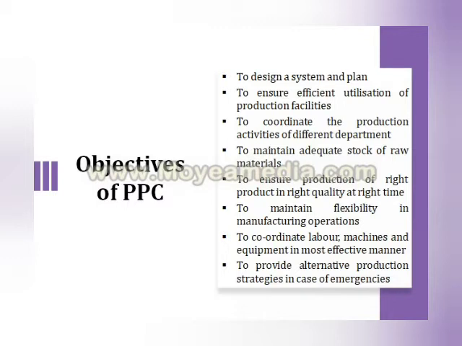It can also provide alternative production strategies in case of emergencies. So we have to predict what emergencies may come in future. You can coordinate your labor, machines and equipment in the most effective manner if you have a proper PPC.